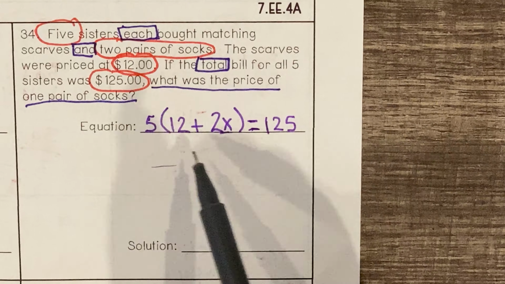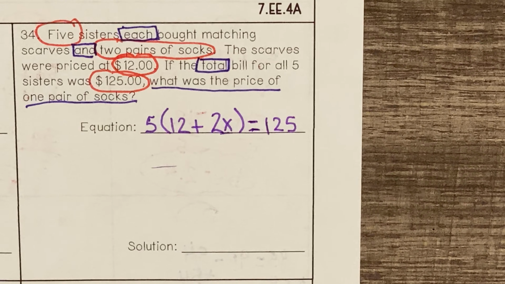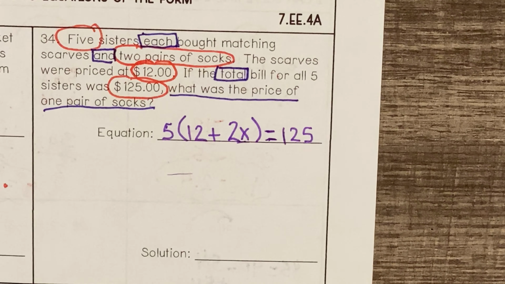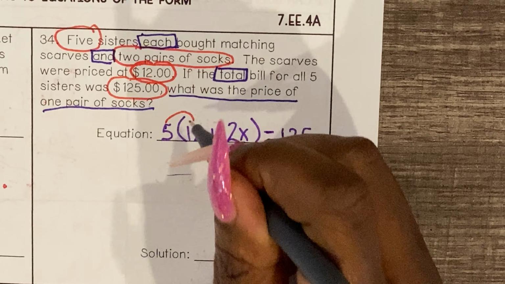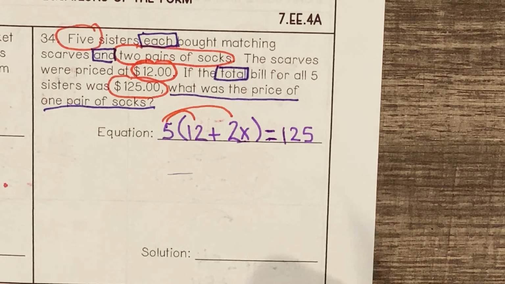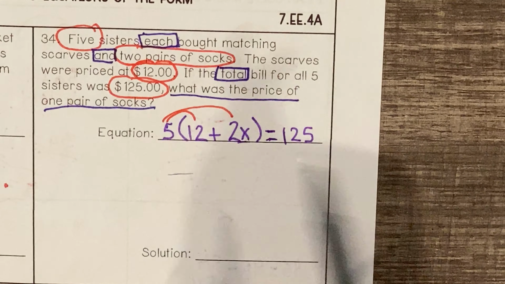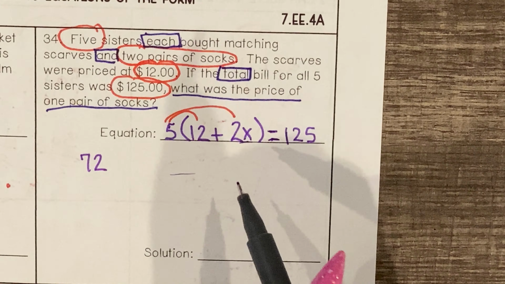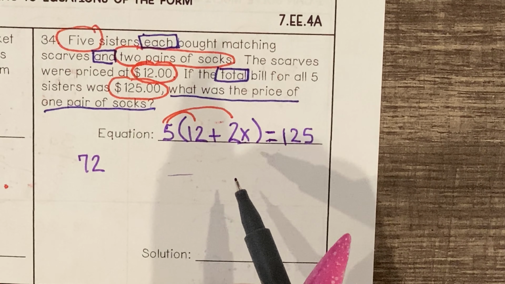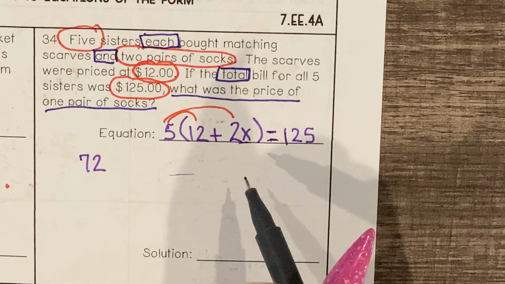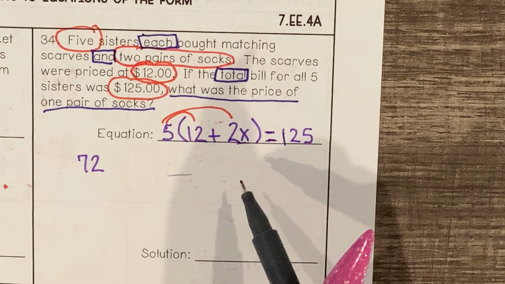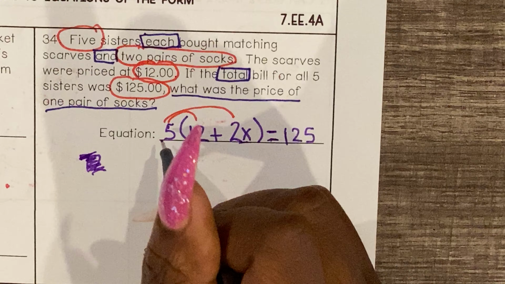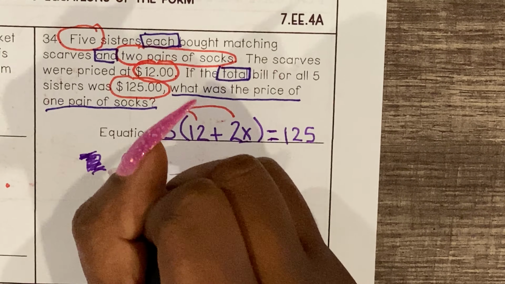Okay, now we're going to use what we know to solve this problem. I'm going to do my rainbow here. And 5 times 12 is 72. No. Nope. Sorry. That's 6 times 12. 5 times 12 is 60.